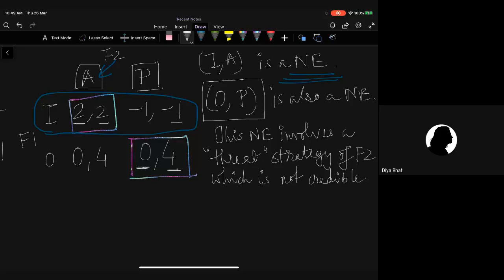Now, in order to pick the quote unquote right Nash equilibrium, we have to change the way we express the game. Right now, this is the normal form expression.